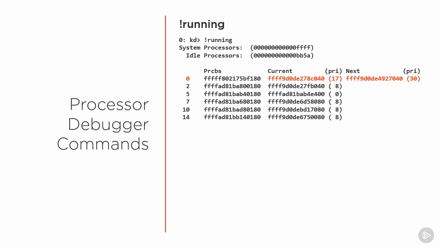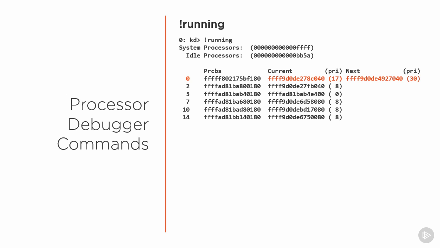So in this example here you see the CPU 0 that's highlighted. We have a thread that is currently running at priority 17. And the very next thread to run will be slated at priority 30. Now this next thread that's going to run is actually put in what's known as a standby state.